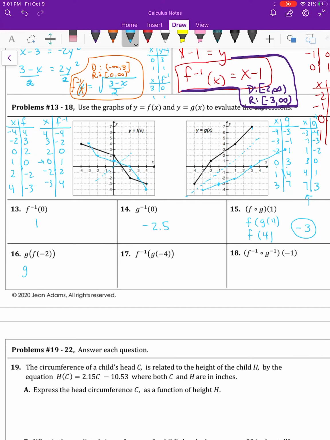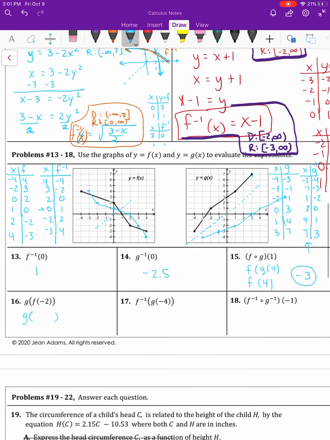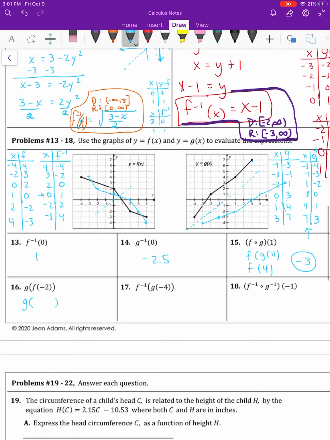And then, what is f of negative 2? So f of negative 2 is 3. And this is another one that doesn't do an inverse. What is g of 3? 7. But here, this one does an inverse. So f inverse of, well, what is g of negative 4? G of negative 4 is negative 3.